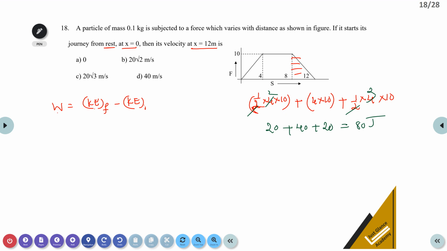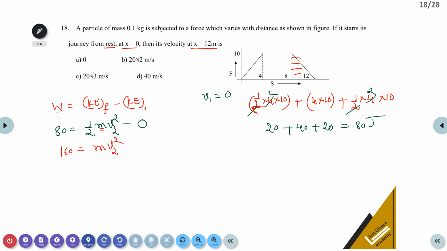That becomes 80 equal to 1 by 2 m into v2 square minus v1 square. Here v1 is 0, because initial kinetic energy is 0, as the particle is at rest. Now 160 equals mass times v2 square.